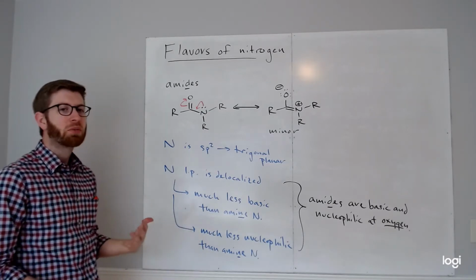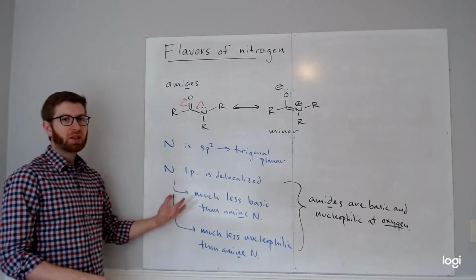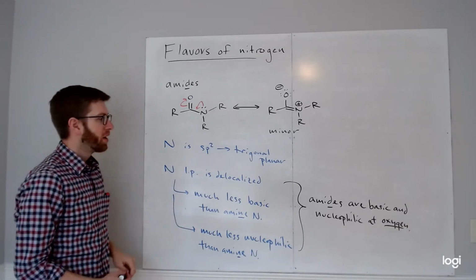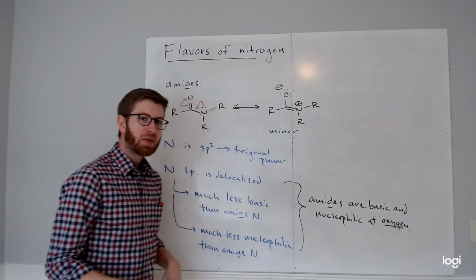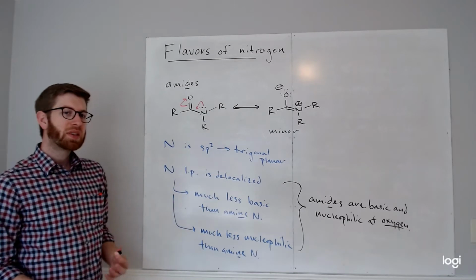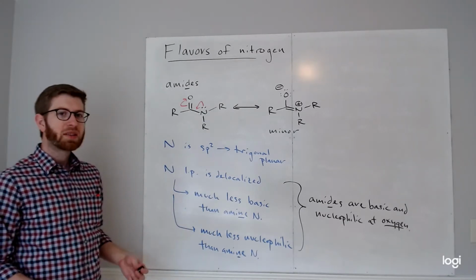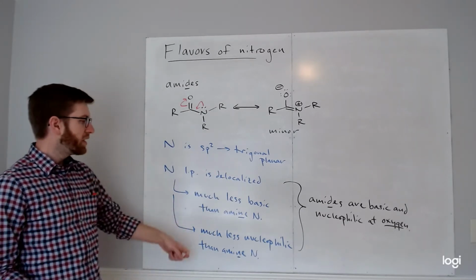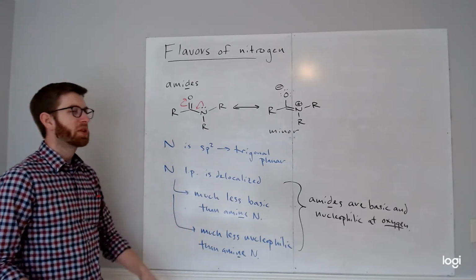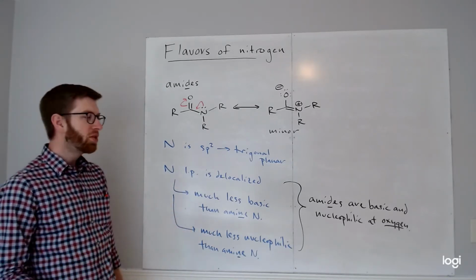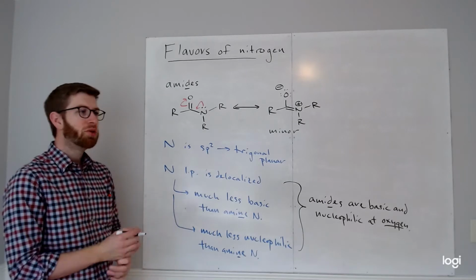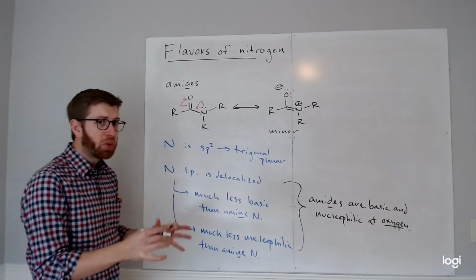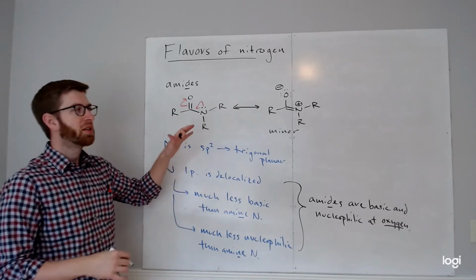It's going to have a partial positive charge. This is essentially a consequence of this delocalization. So the relative strength of nucleophilicity and basicity of these amides is pretty weak. This idea about being much less basic or much less nucleophilic than amine nitrogens is absolutely true, but it's both weaker and at oxygen instead of nitrogen.